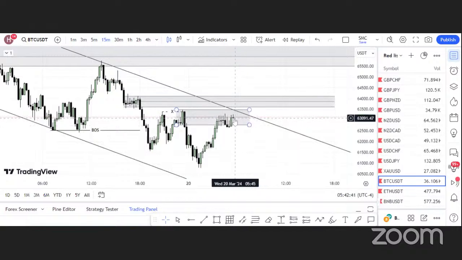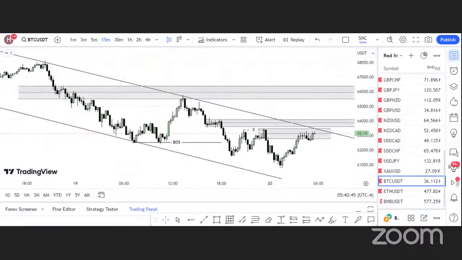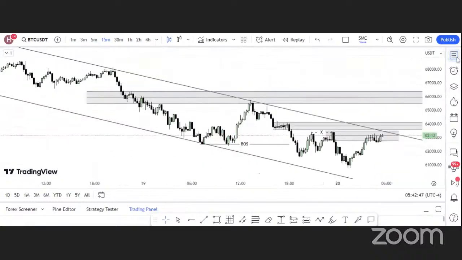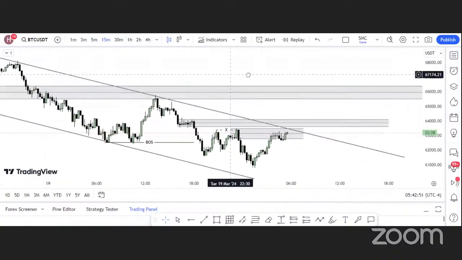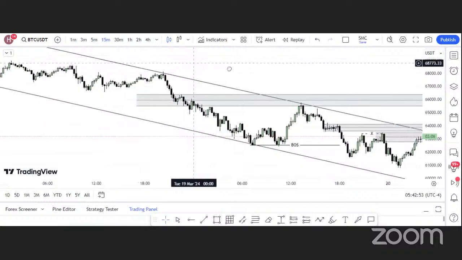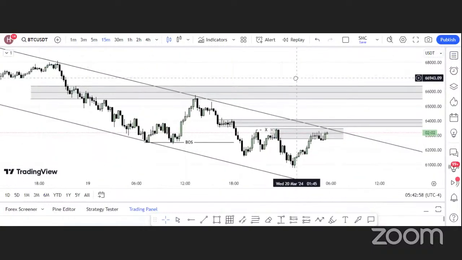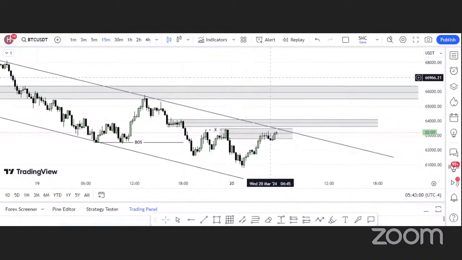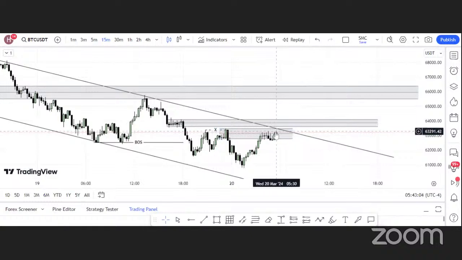So I think the market is approaching the upper trend line. If the market reverses from this anywhere around this zone, this is going to be a good trade.